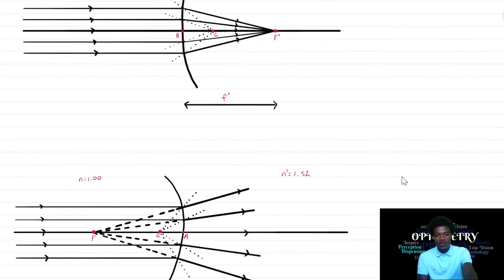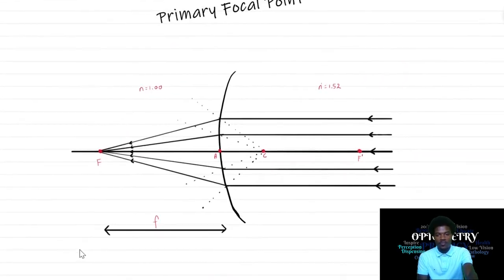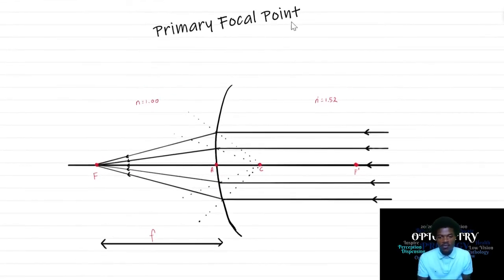What about primary focal points? So again, we have a refractive surface. We have light rays now going from right to left. We are still going to use the same refractive indices as before. We are reversing what we did before.